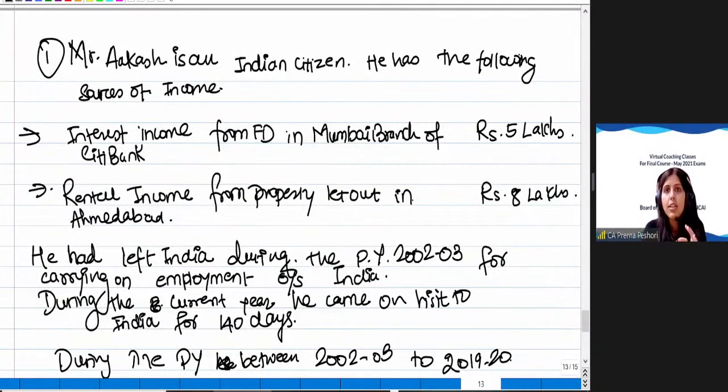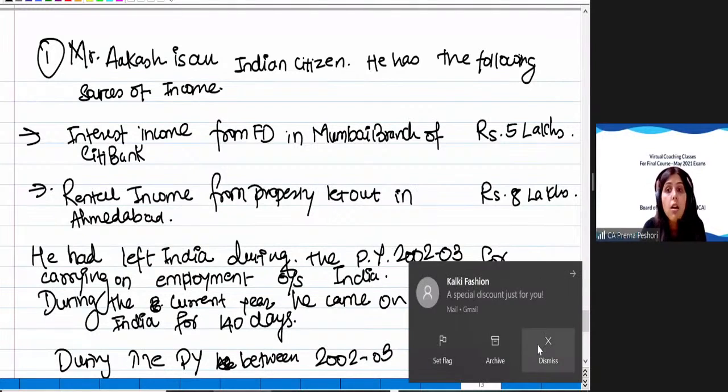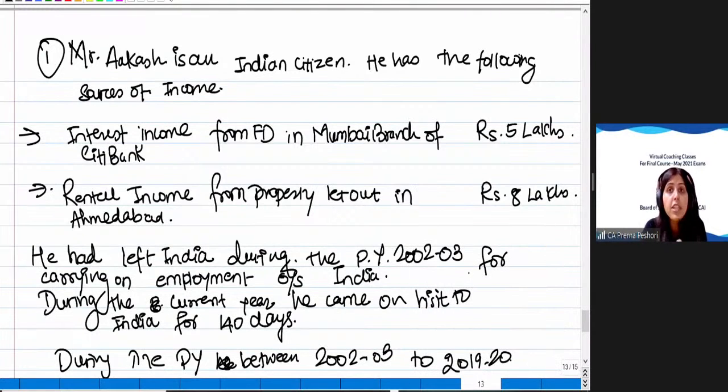His total income is less than 15 lakh, and therefore we will only apply the 182-day criteria. If his total income had been more than 15 lakh, in that case we would have applied the 120-day criteria. Are you clear with this? Any doubt till now? Or I can give you the next sum. Any doubt?